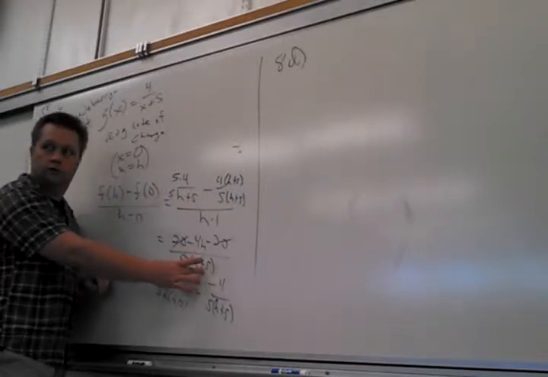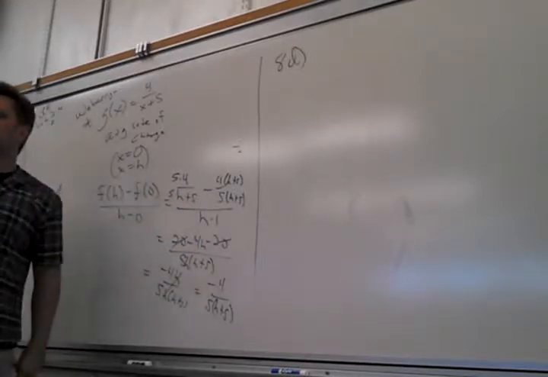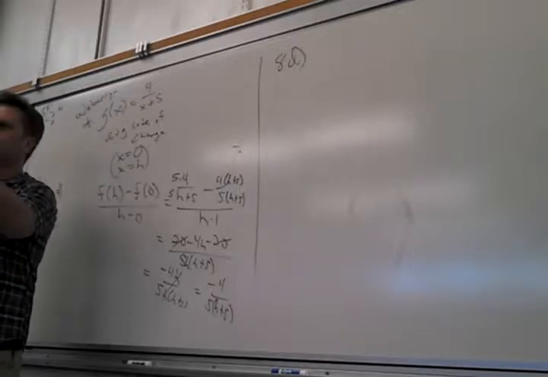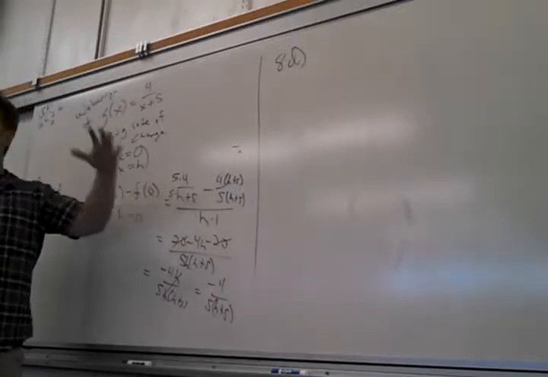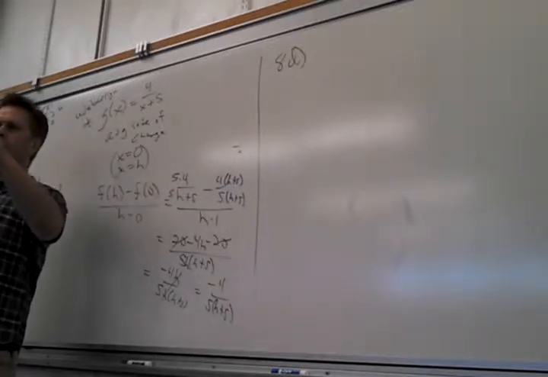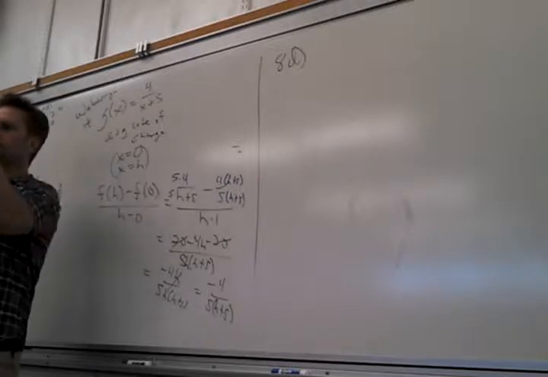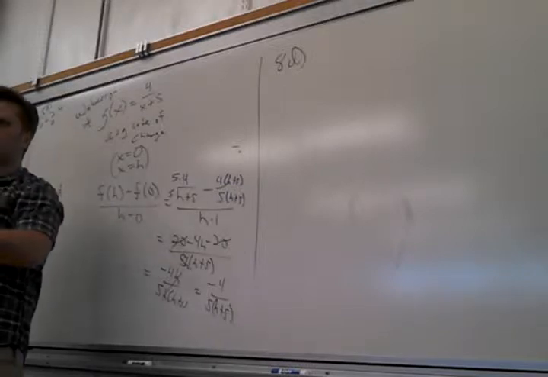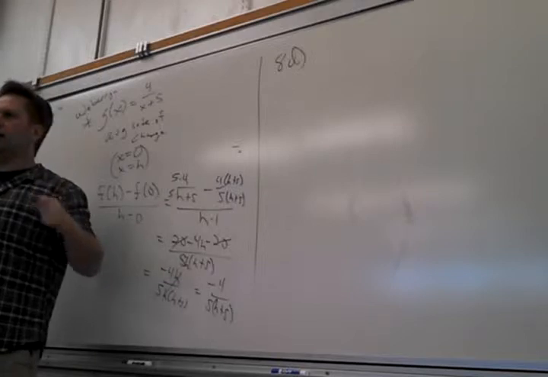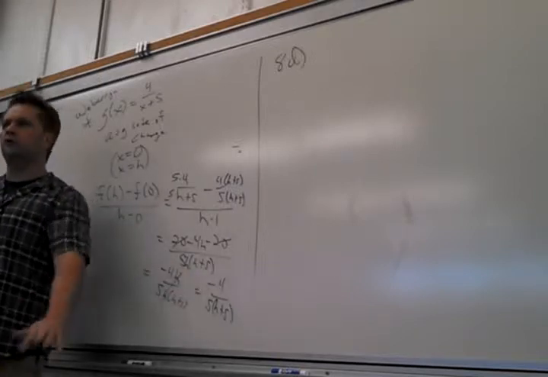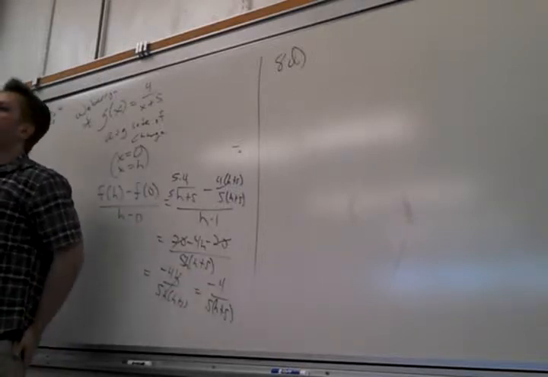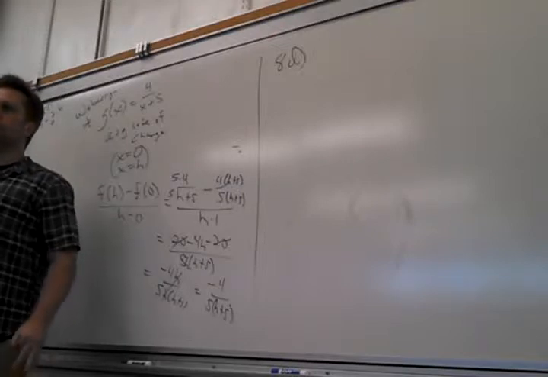I just left them separate. Which is what you always do, because the last thing you want to look at is see if anything cancels. So if you multiply the bottom too early, you can't see the common factors that cancel. So I just leave it factored all the way. WebAssign, you got to see if it's picky or not about multiplying that 5 through. It really should take it both ways. So let me know if it doesn't.